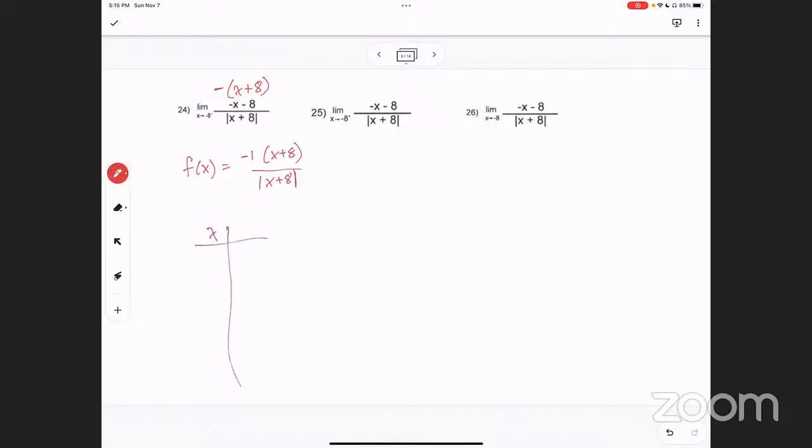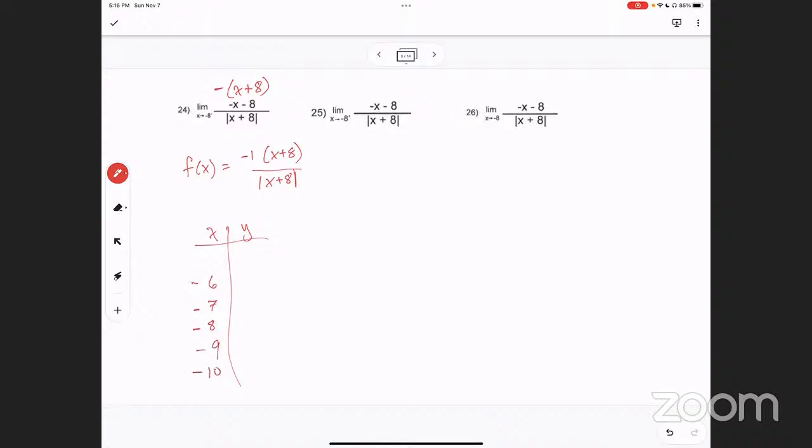Sometimes it's best just to use a t-chart and plug in some stuff. Notice I want to plug stuff in close to what number? -8. Good. So let's just put -8 right here, and let's go -7, -6, and maybe -9, -10.